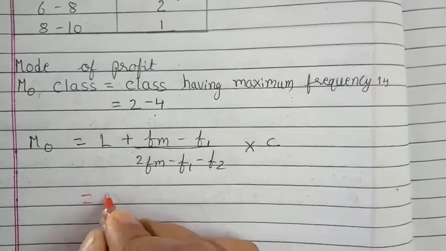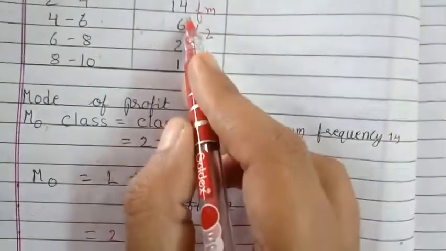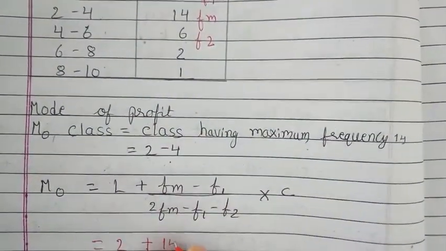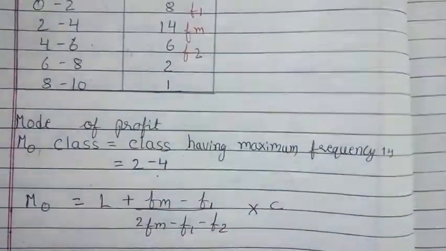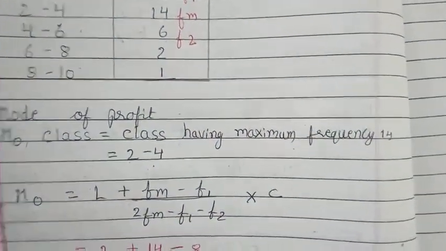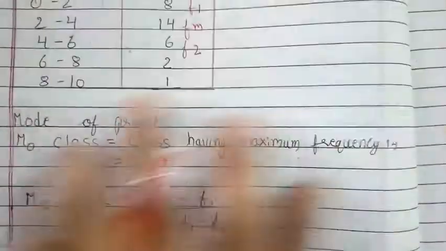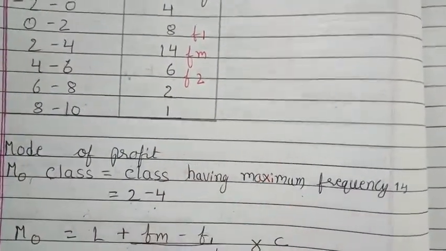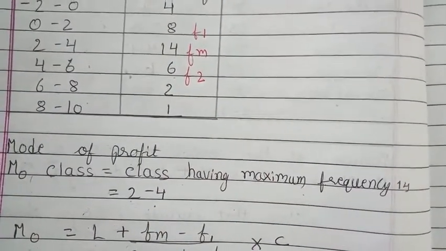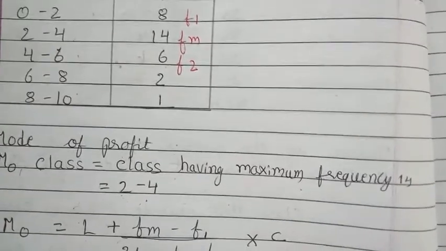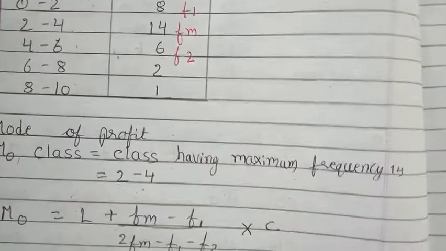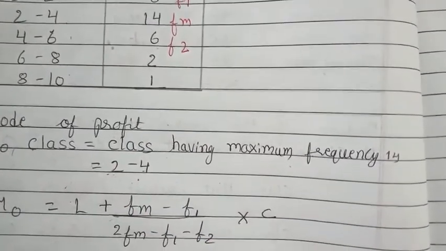We will replace all the things in our formula. L is 2 plus Fm is 14, F1 is 8, 2Fm minus F1 is 8 and F2 is 6, multiplied by C. C is 2, that is 4 minus 2.